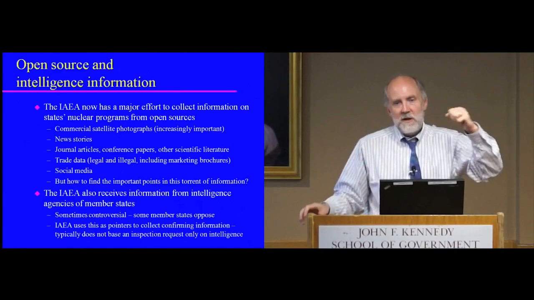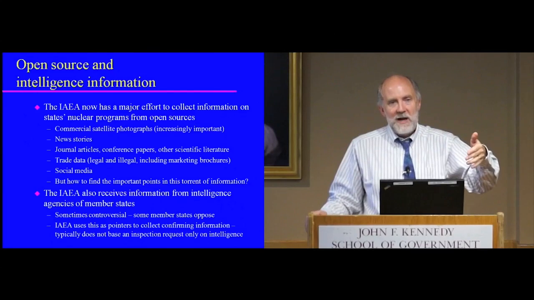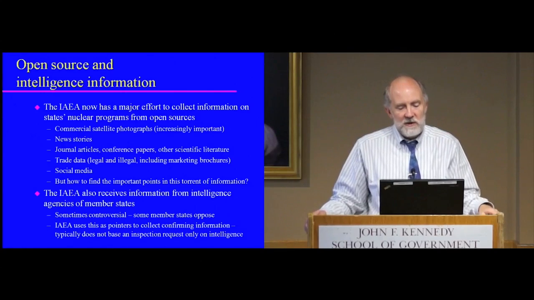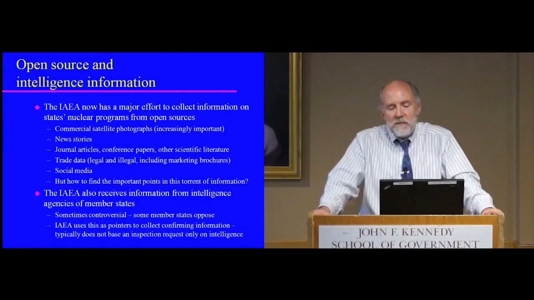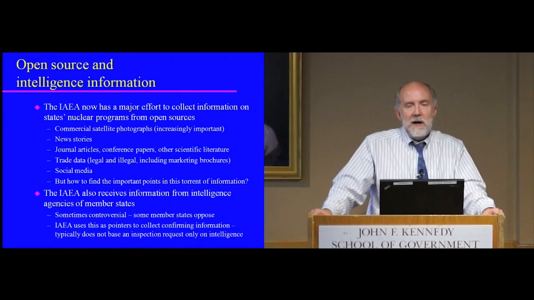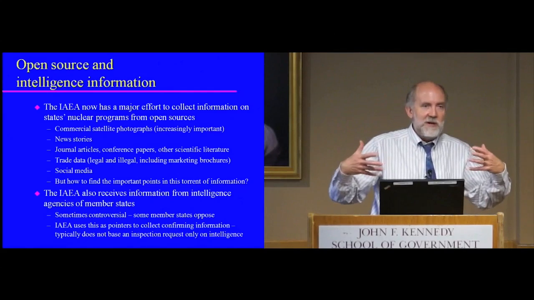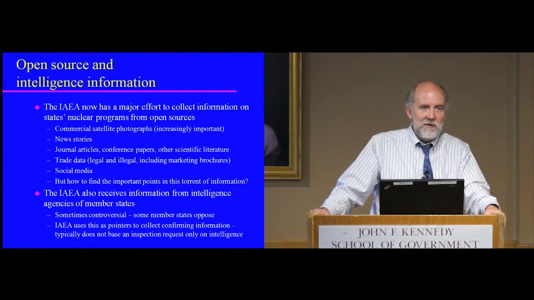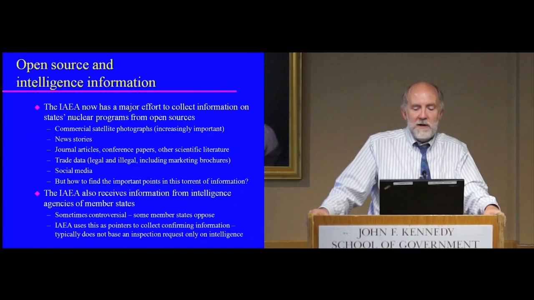They also are starting to get information from companies about attempts to buy things that seem suspicious. Sometimes you can get information from social media these days. But now there's this torrent of information, and figuring out how to integrate all of it and look for the needles in the haystacks is a difficult task for the IAEA.